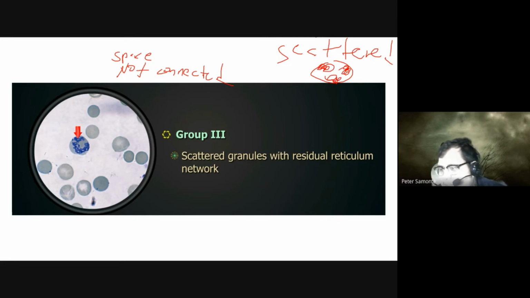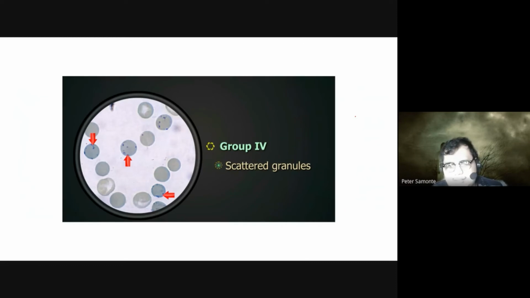Hindi sila connected class. Like this one. May space dito. Okay? So again, group 1, densely clumped reticulum. Group 2, loose reticulum. Group 3, scattered granules with residual reticulum. And your group 4 class, this is the one I was telling you about.